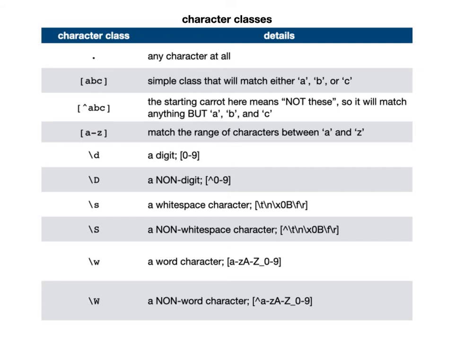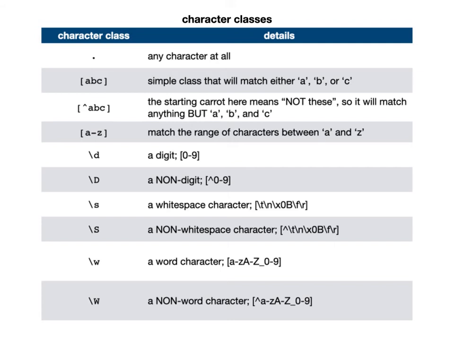Then we have a basic character class that says [ABC]. That says either A, B, or C. Any of those is a valid thing for this position in the pattern. We also have [^ABC], which is basically saying that the starting caret means not these, so everything but A, B, and C. So it'll match on anything that's not those, right? You can also do a range.